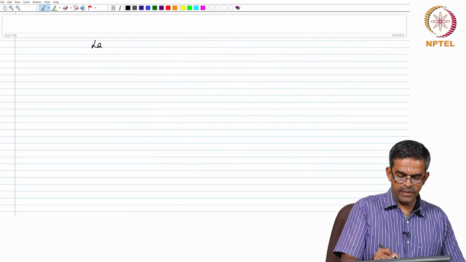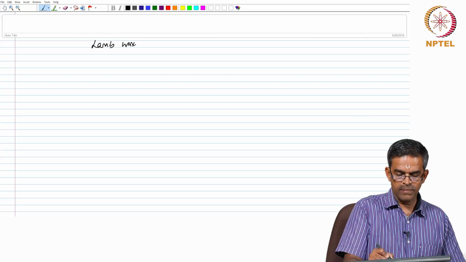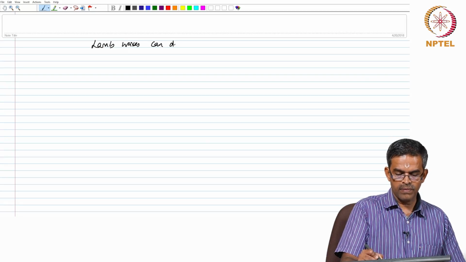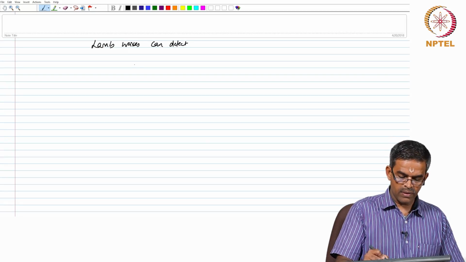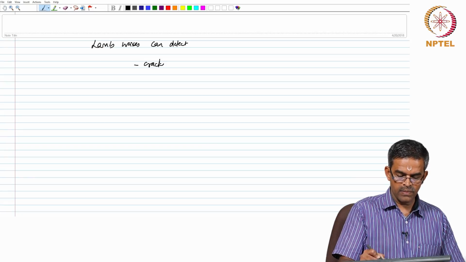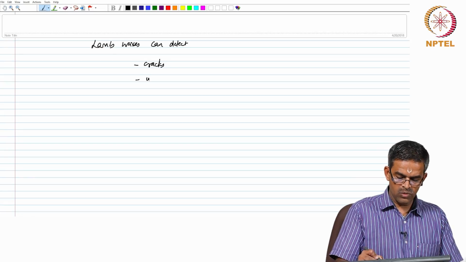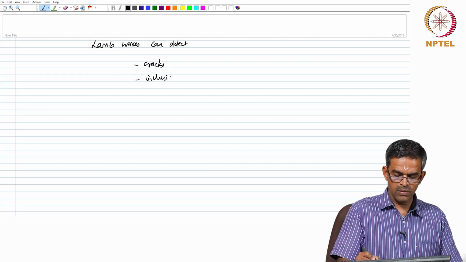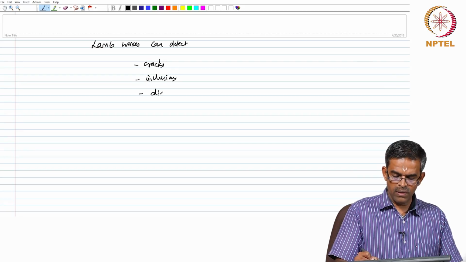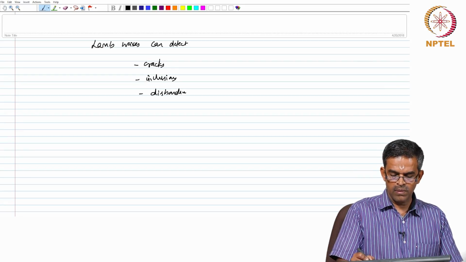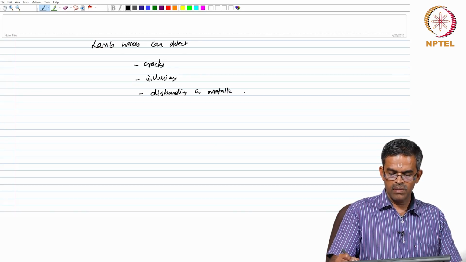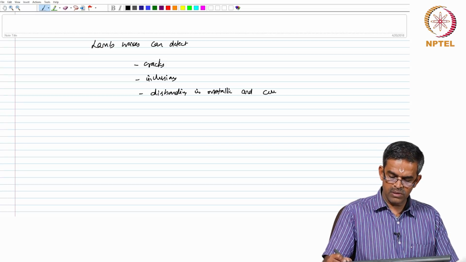Lamb waves can detect cracks, inclusions, disbonding in metallic and composite structures.